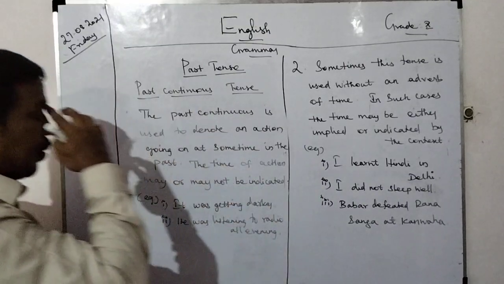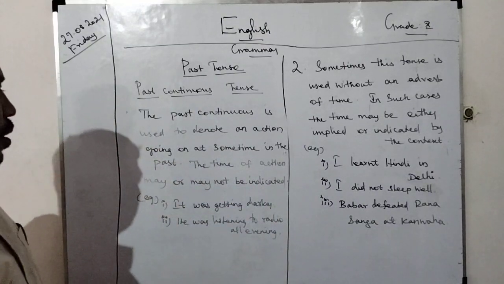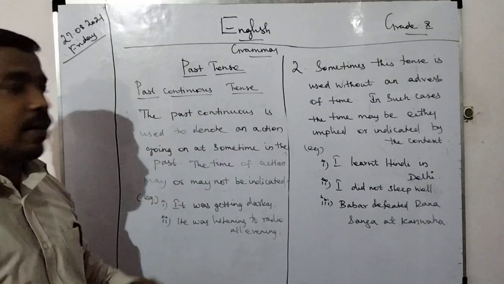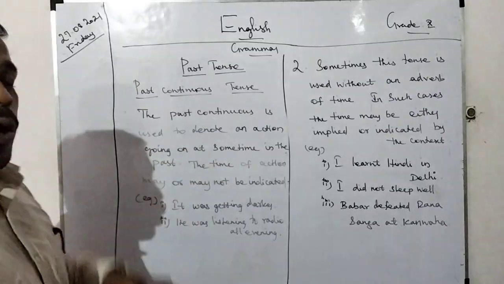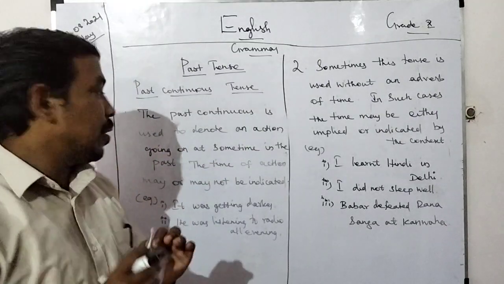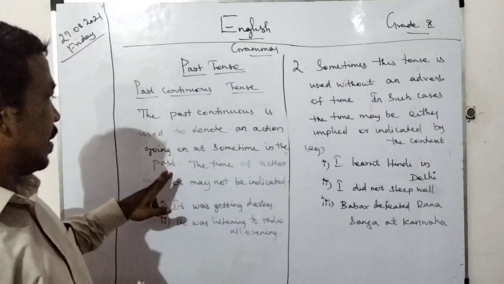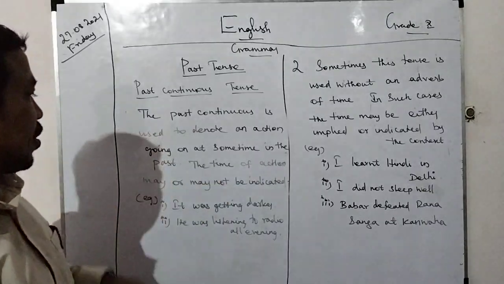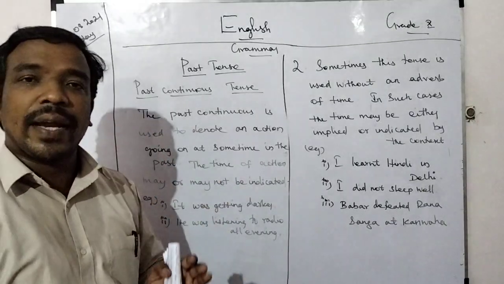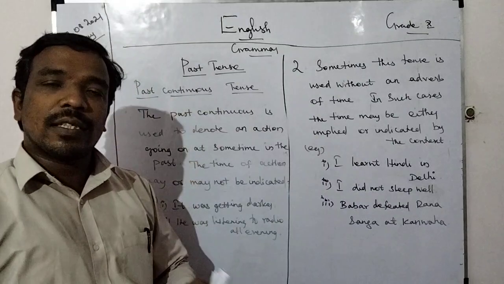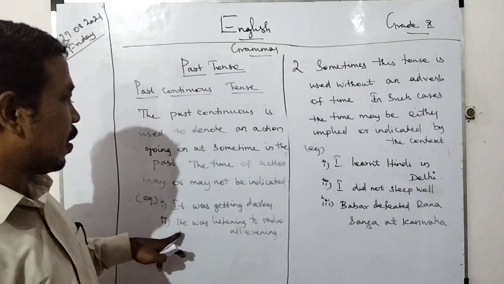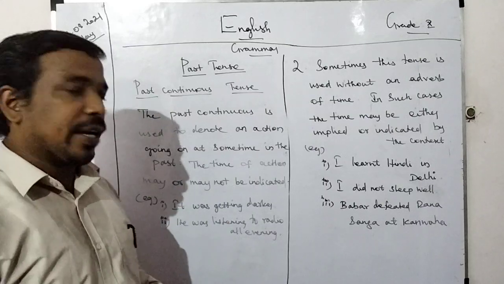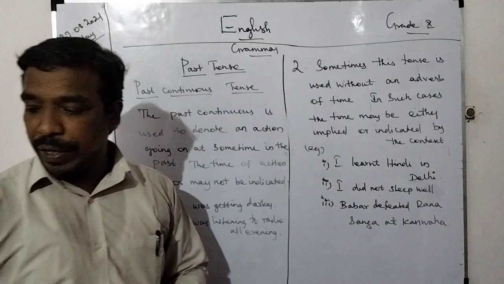We have two more examples. The past continuous is used to denote an action going on at some time in the past. Sometimes the time is indicated, sometimes it may not be indicated. It was getting darker. He was listening to radio all evening.